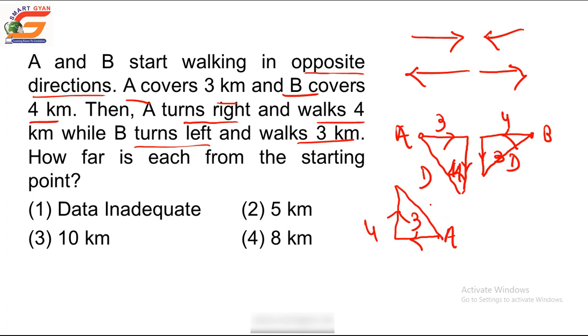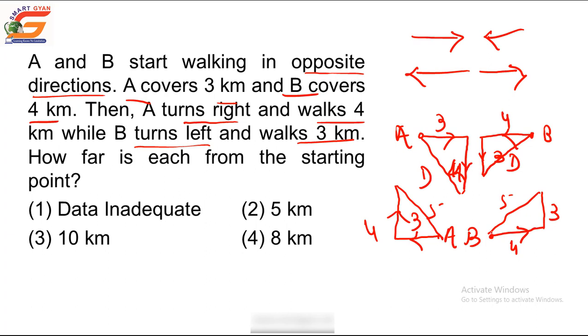Then what is the distance between these two? That will be the same, 5. And B started from this point, then moved in the opposite direction, then turns left, that is B first covers 4 km, then 3 km. Then what is this position? This will be the same, 5. So in all the cases, the answer is 5.